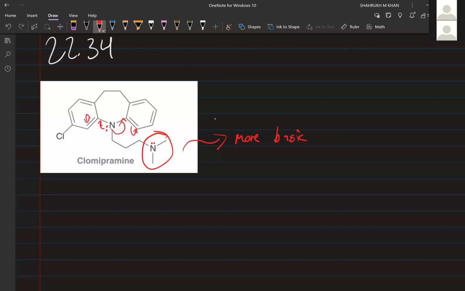Okay, now I'll give you guys 2 different molecules here to compare as well. Just paste them all up in here.